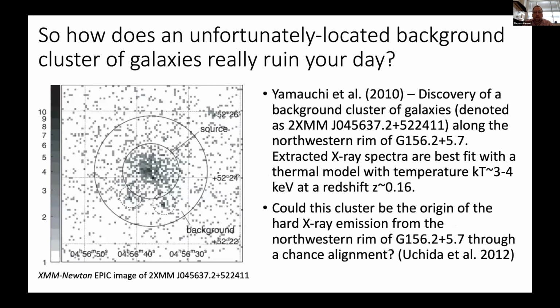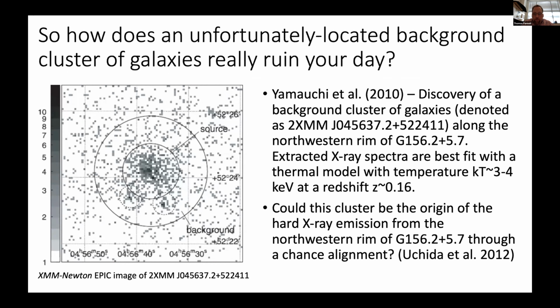And so this is how the unfortunately located background cluster of galaxies can really ruin your day. In an image which I'll show you shortly of the northwestern rim, Yamauchi et al. described the X-ray properties of a background cluster of galaxies seen right on the rim here. And it appears that the X-ray spectra here could be fit with a standard thermal model. The redshift of 0.16 implied how far away this is.